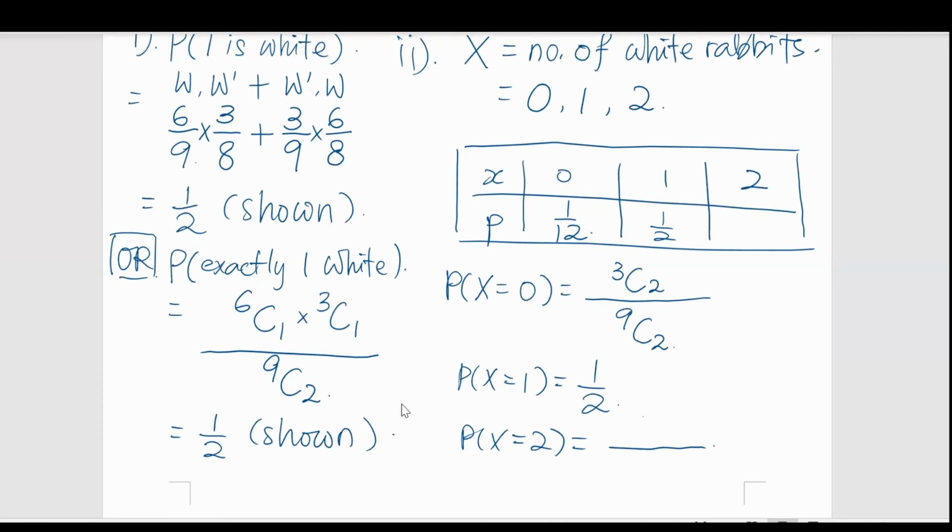Means from the 6 white rabbits, simply choose any 2, out of the total number of ways, 9 choose 2. Then this is where you get the probability. So here is 1/12. Then here, 5 over 12.